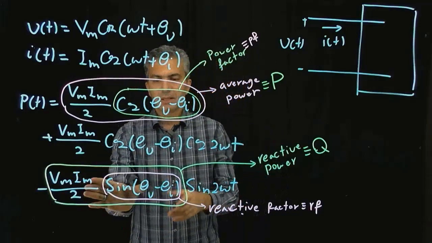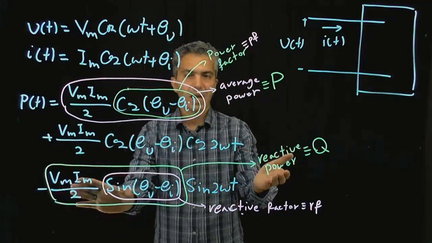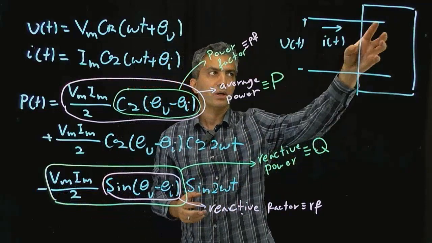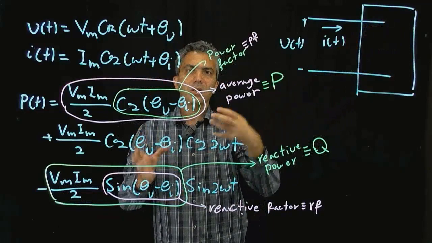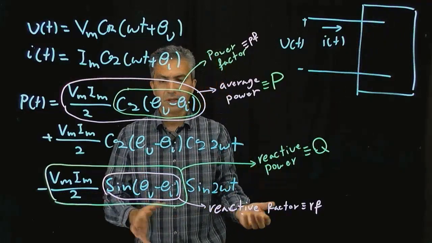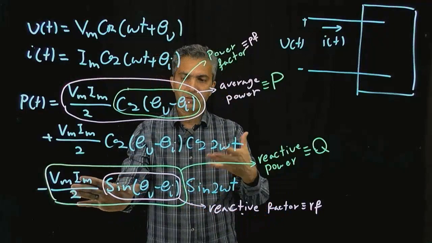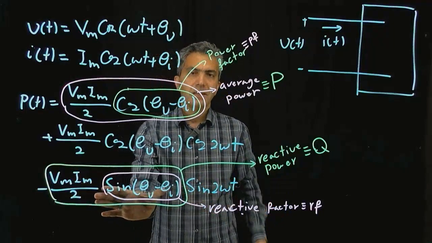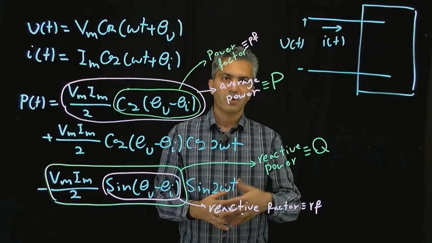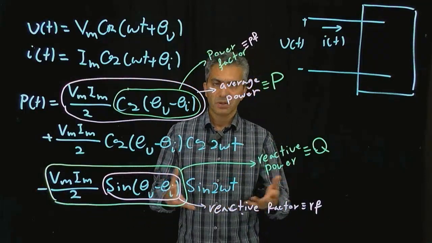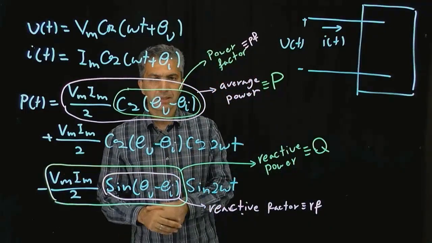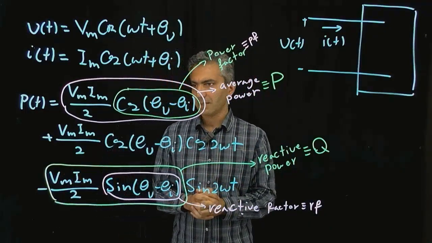So when you calculate this Q, the reactive power, if you deal with a positive number, that means that your circuit is turning a portion of energy into a magnetic field and conserving it in that form. And if it's a negative number, it tells you that the energy is being transformed into an electric field and conserved in the form of a charge. So a capacitive load or an inductive load in that sense.